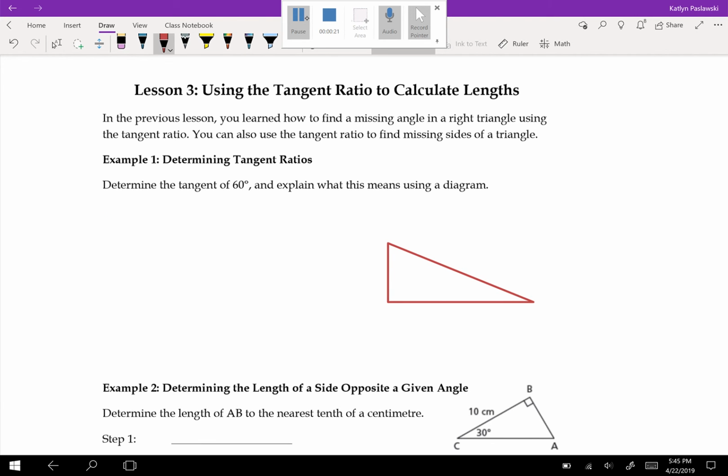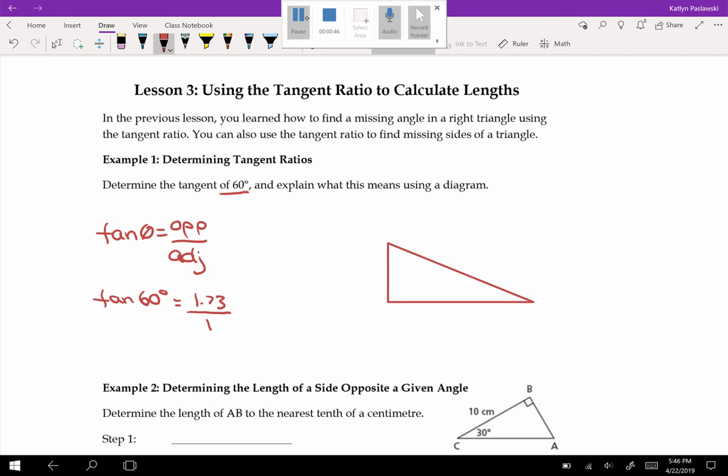So we know that tan theta is equal to opposite over adjacent. And in this question, it's telling us that the value is 60 degrees. If you put tan 60 into your calculator, you get 1.73, which as a fraction would be 1.73 over 1.